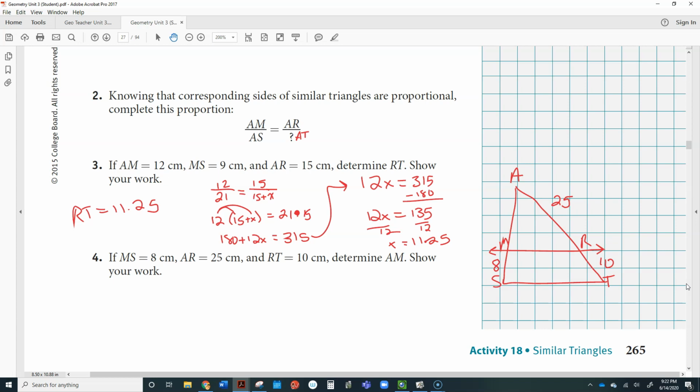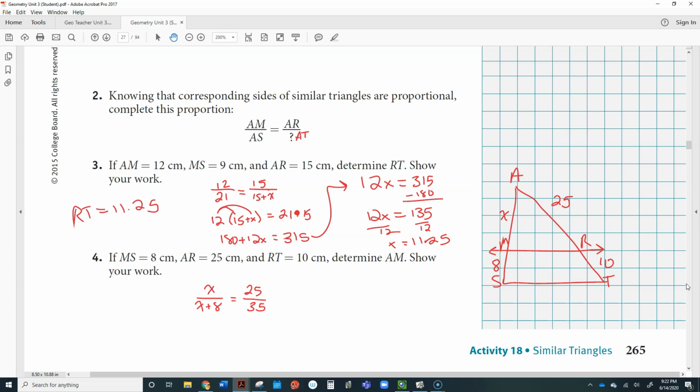Again, we would call this X. And then we would say AM, which is X over X plus 8, is equal to 25 over 35. And we got that 35 from adding those two together.